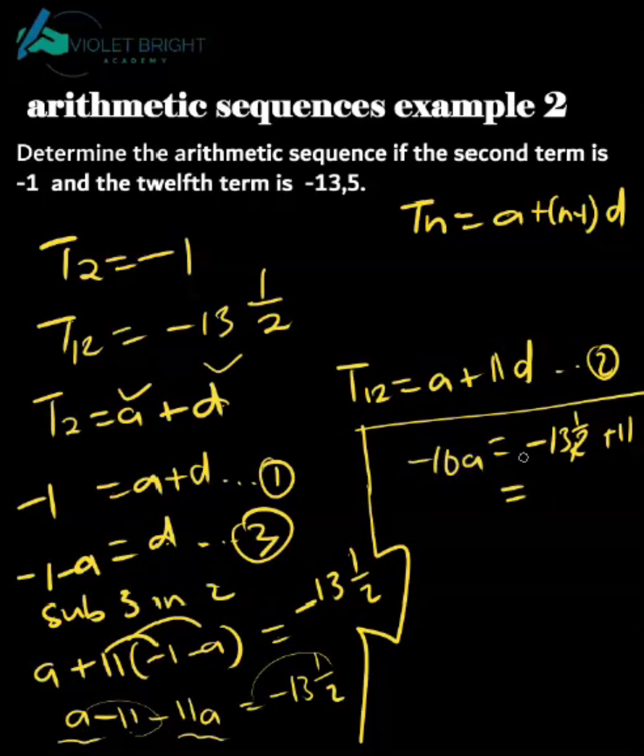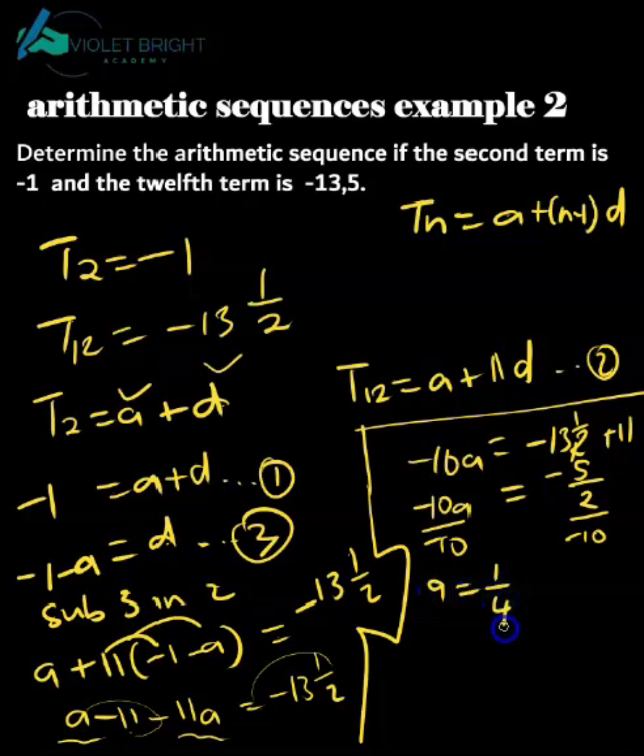So here, let's try using a calculator. -13.5 plus 11 gives us -5/2. Then divide both sides by -10, and it gives us that a equals 1 over 4.